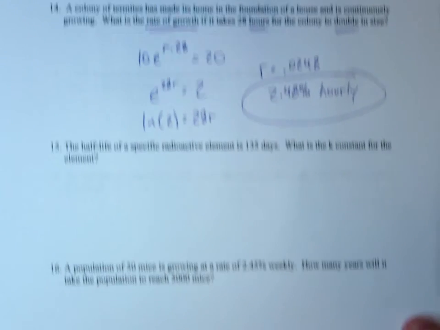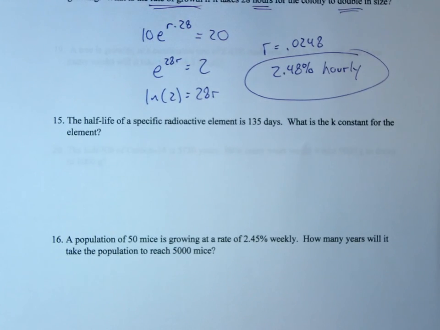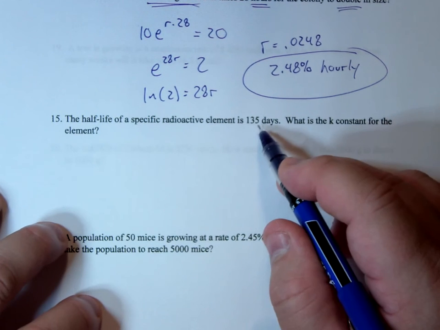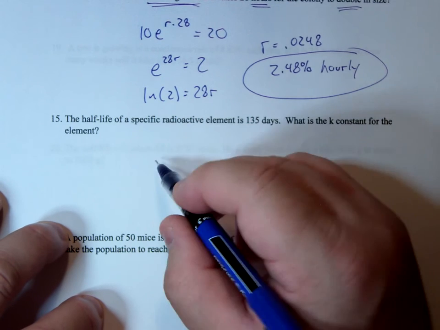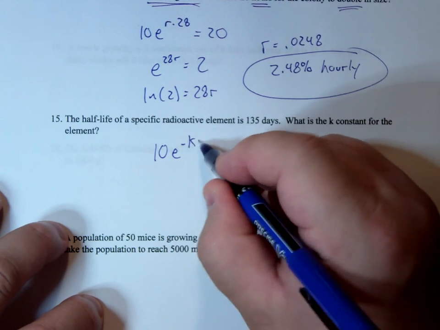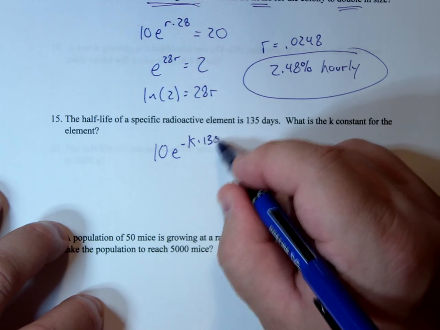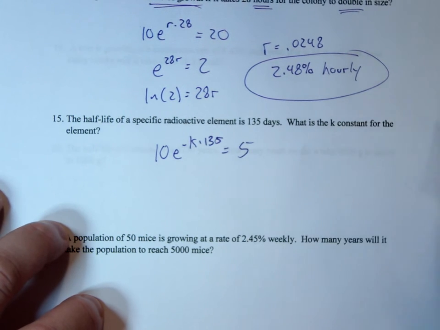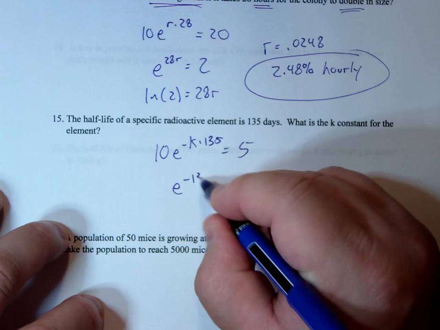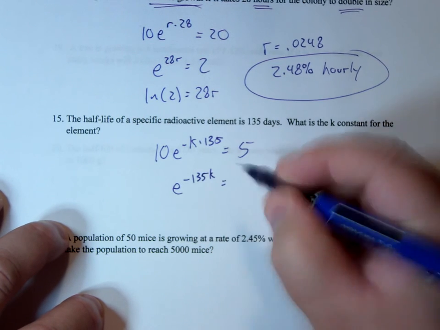Alright, the half-life, this one just wants the K constant. It takes 135 days. So again, if you start with 10, negative K times 135 days will go down to 5, so that when you divide them, e to the negative 135K will be 0.5, or 1/2.